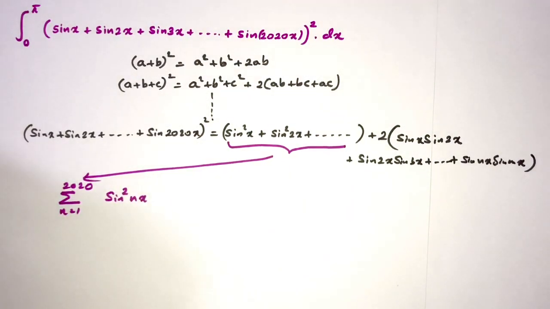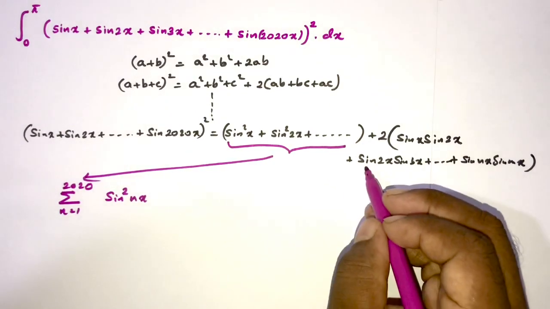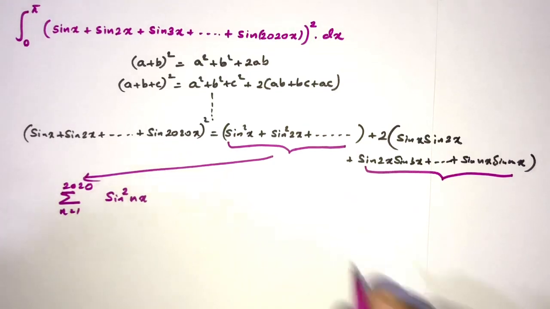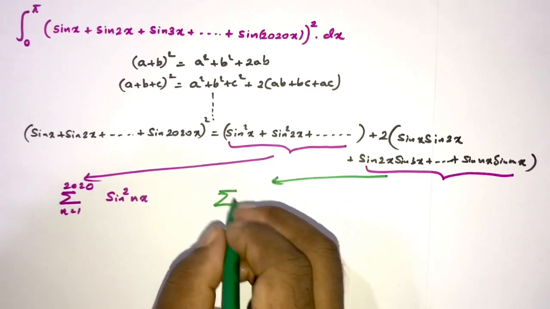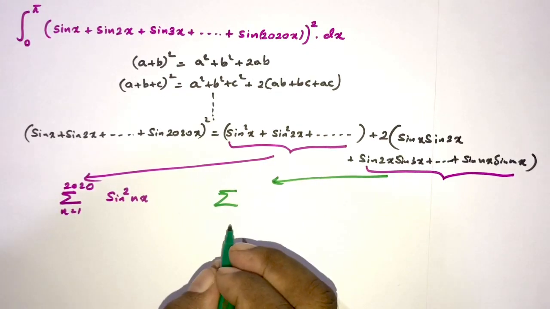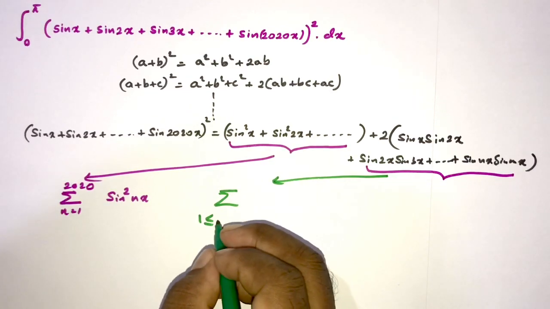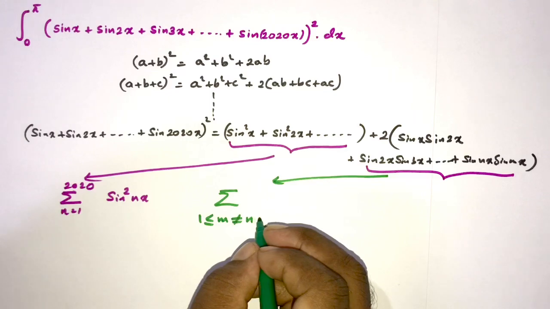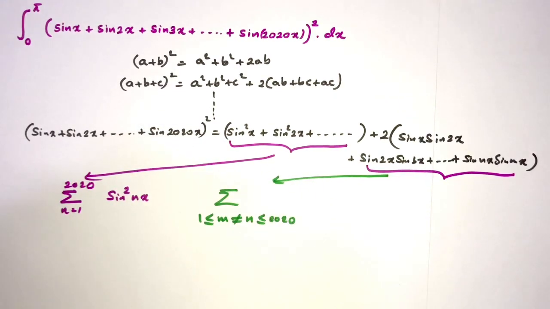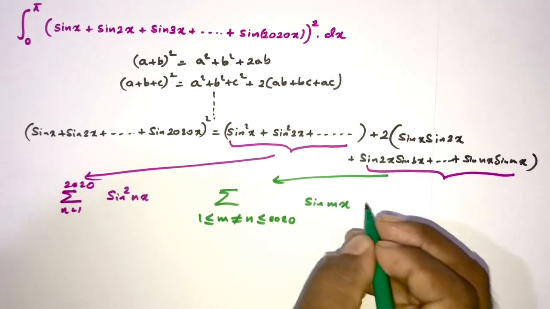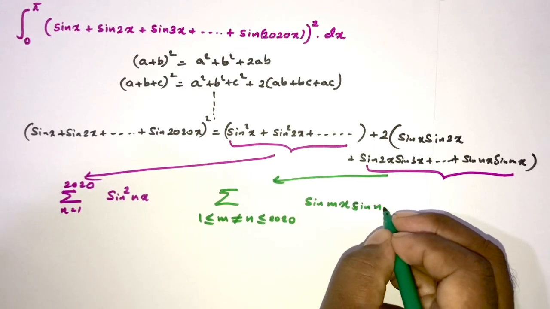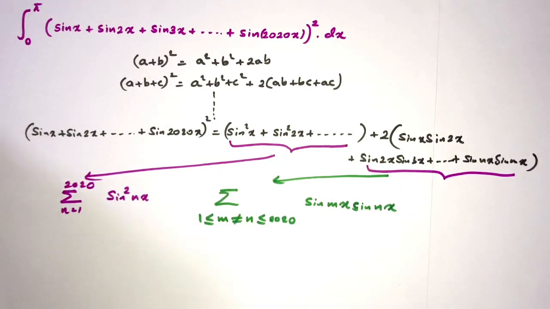Then for the other term we write the sum over indices 1 less than or equal to m, not equal to n, less than or equal to 20, of sine of mx sine of nx.